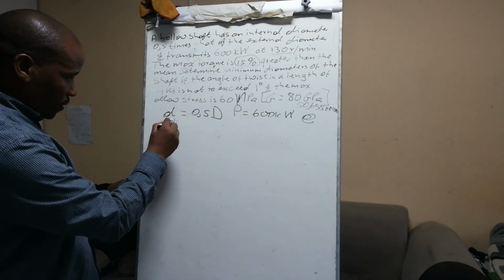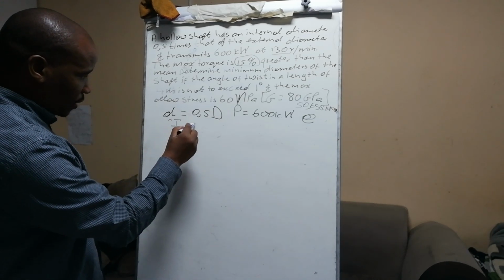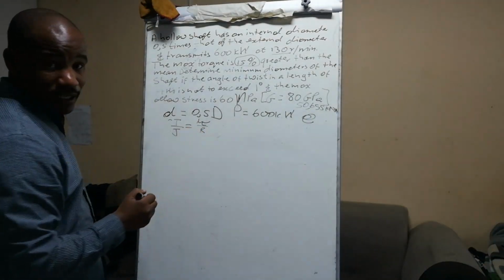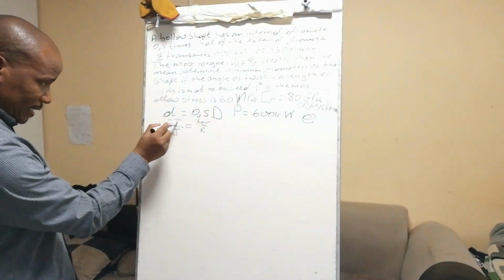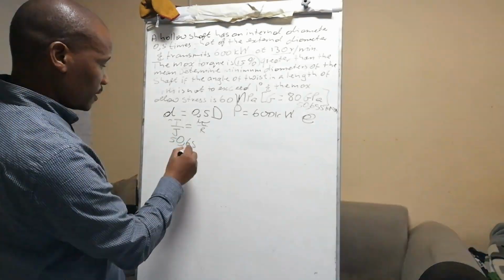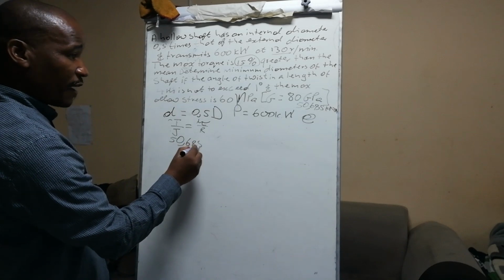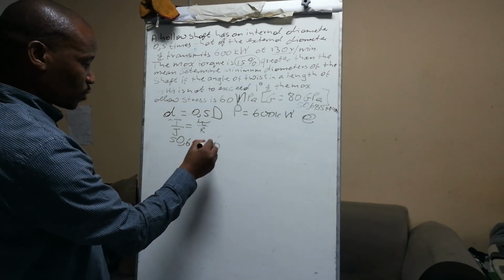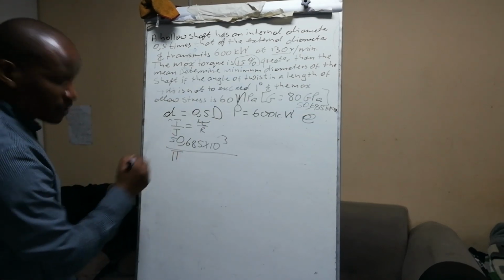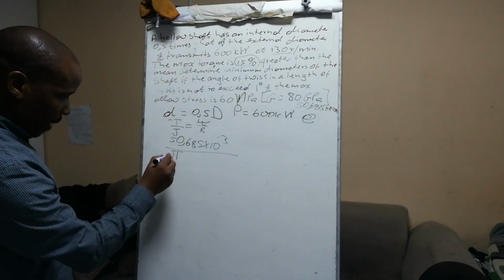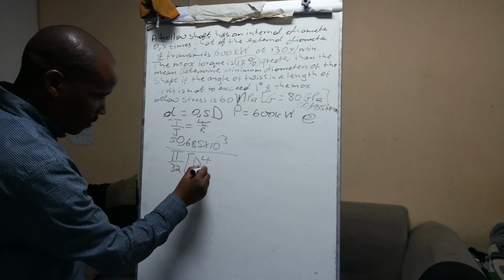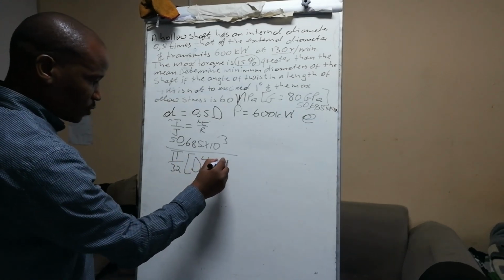Now, we've got torque over J is equal to the maximum shear stress over the outer radius. And it's equal to what? 50,685 multiplied by 10 to the power 3 over the formula for the hollow shaft, of course, which is pi over 32 times D to the power 4 minus d to the power 4.